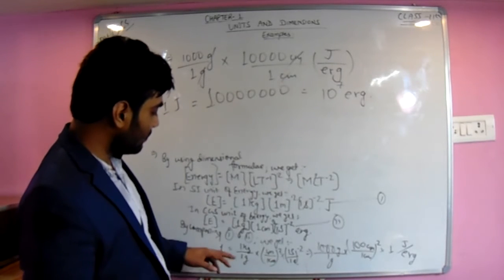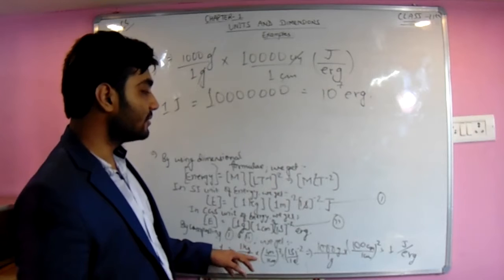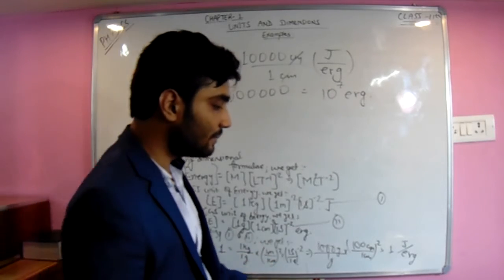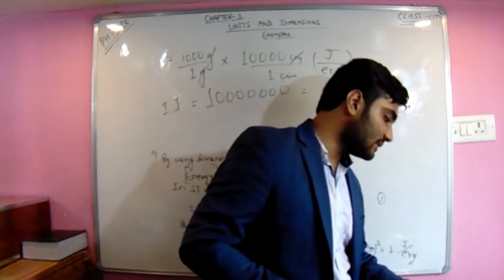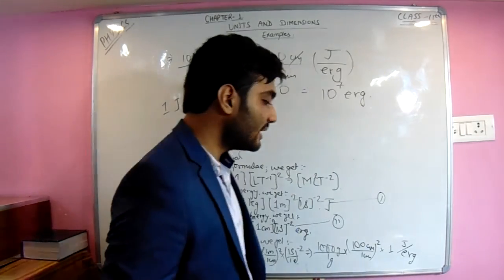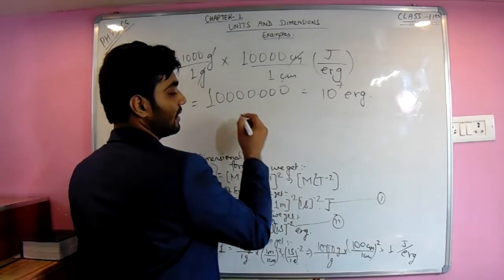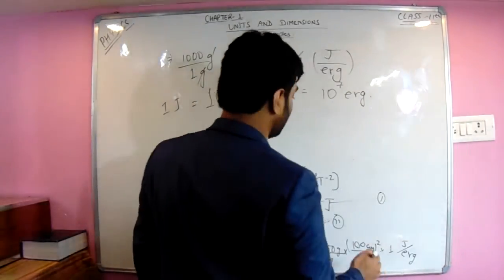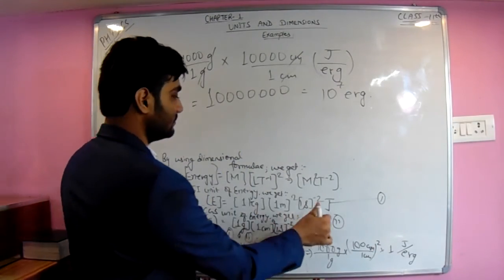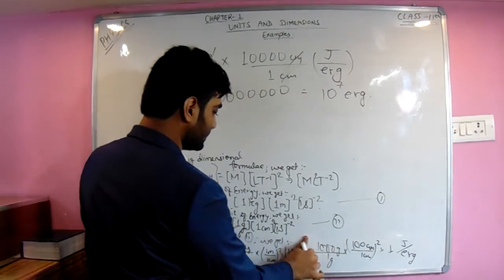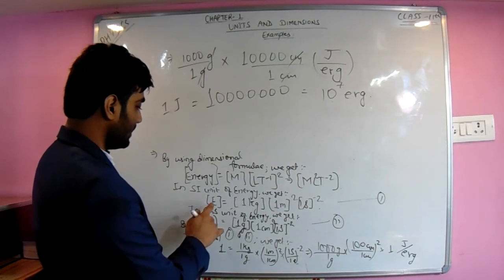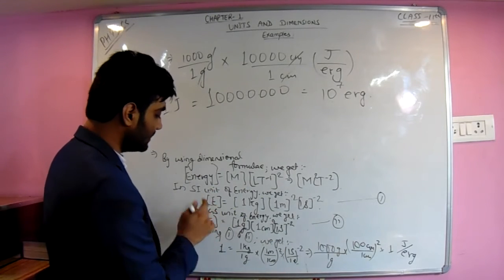So we get 1 joule is equal to 10 to the power 7. Yes, 10 to the power 7 is the right answer. Here it is in joule and here it is in erg.